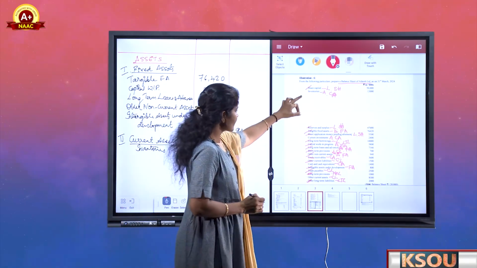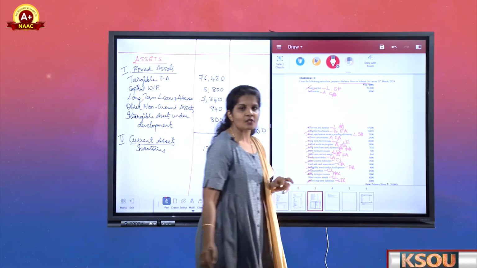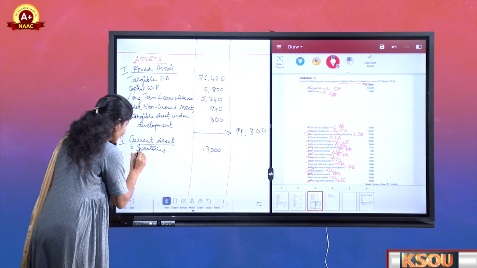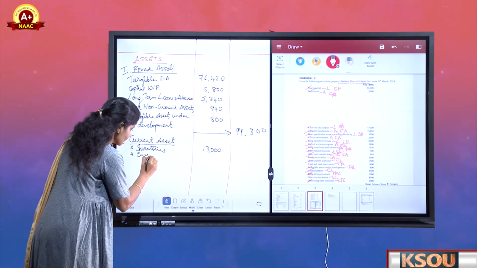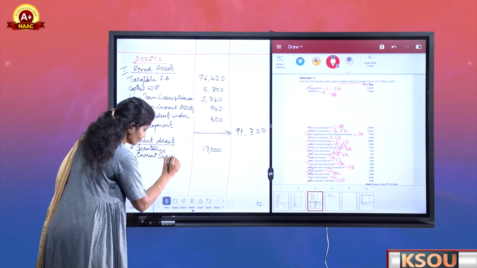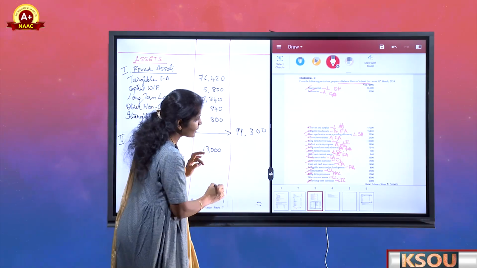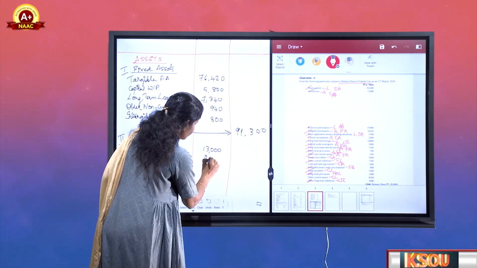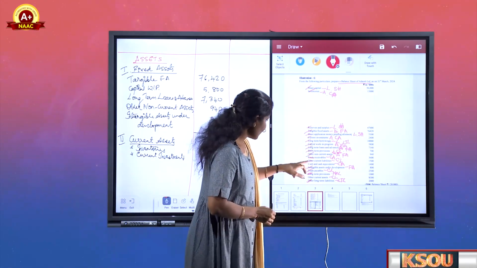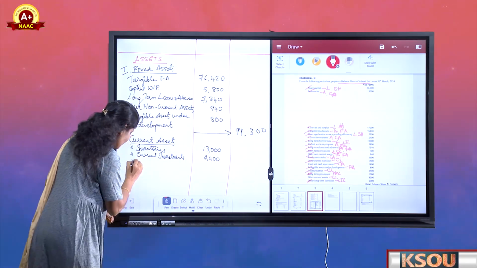Okay. Next is current investment. Current investment is 2,400. So, current investment is also an item of current asset. Next, we have cash and cash equivalents, 1,400.